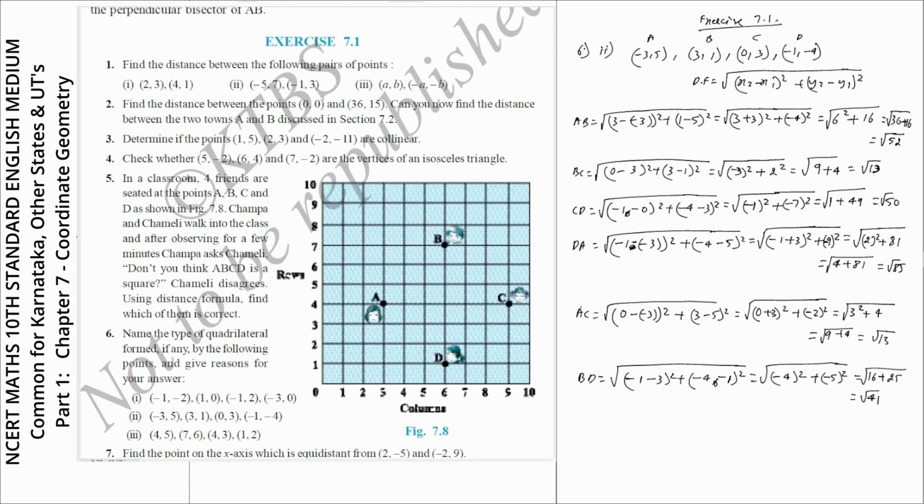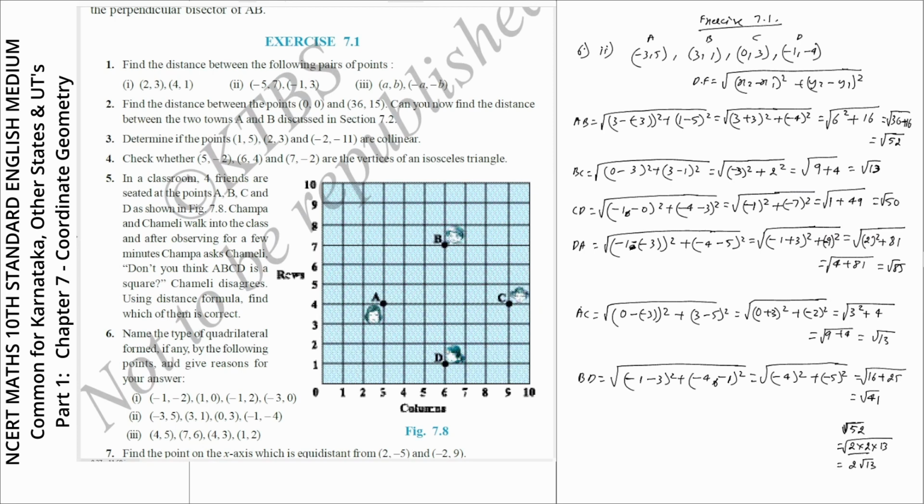So in this question there is one important thing that should be noted. See, AB is square root of 52. Okay, so 52 I can factorize. I can write it as 2 into 2 into 13. 2 to the 4, 4 into 13 is 52. So here 2 I can take outside. I'll get 2 root 13.